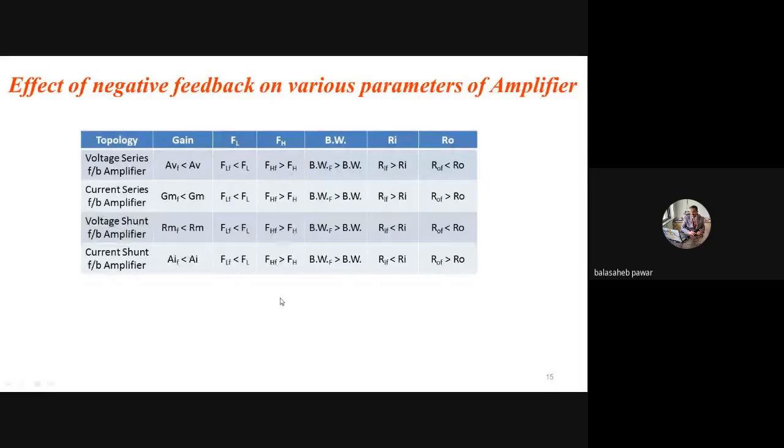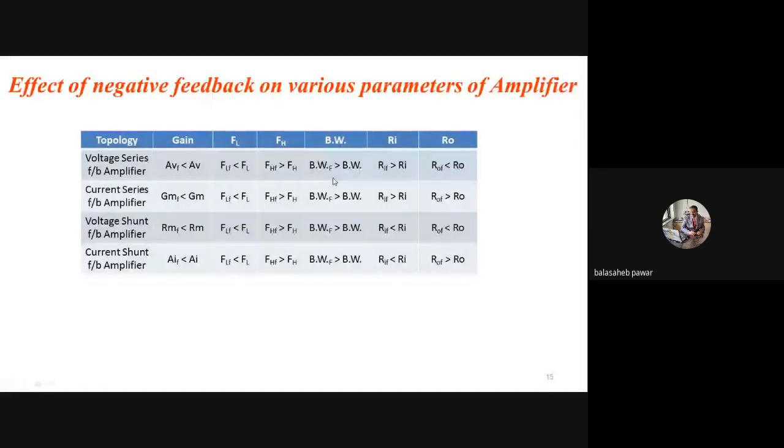The bandwidth is nothing but the higher cutoff frequency minus the lower cutoff frequency. So you will observe that the bandwidth with negative feedback increases as compared to without feedback. And one more point I mentioned during that study: the gain bandwidth product of an amplifier always remains constant.